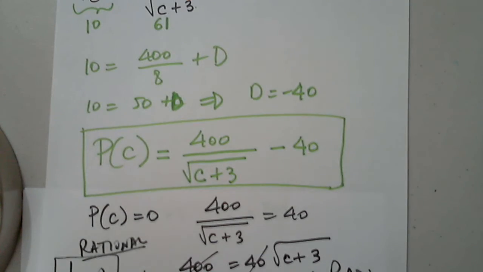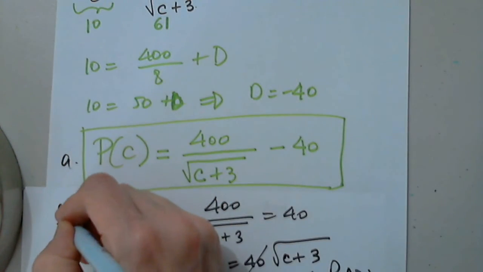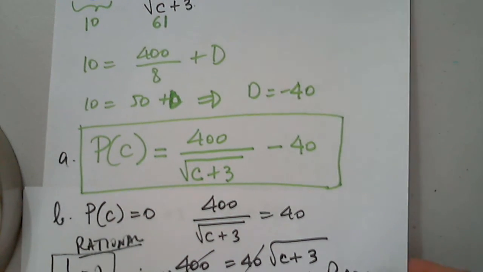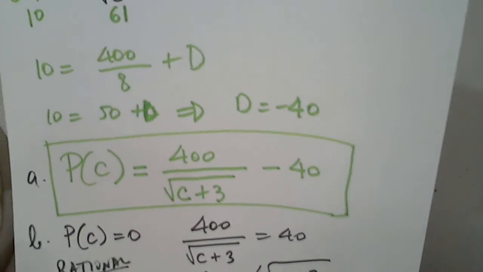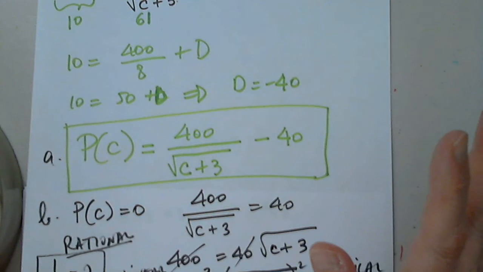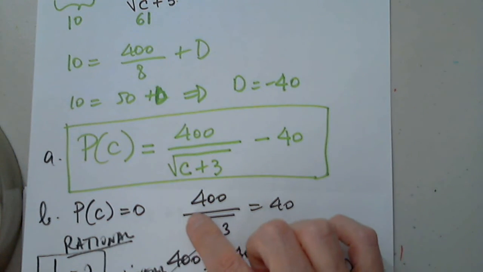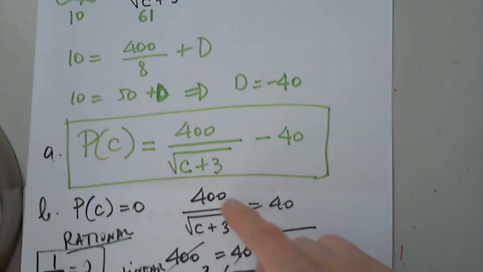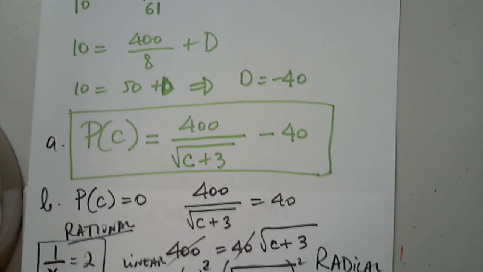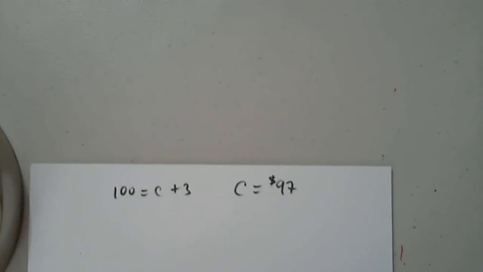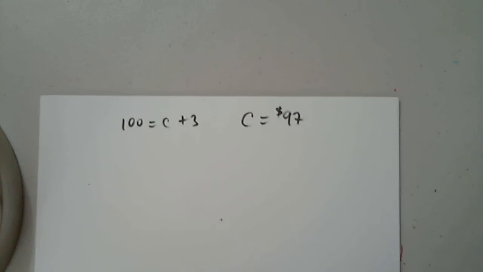So this is part A. And in part B, we were asked, okay, find the cost when the profit is 0. Initially, if you ask me what type of equation this is, I'm going to say it's a combo. It's a combination of a rational with a radical. But once I cross multiply, it becomes a radical equation. Good. Perfect question.